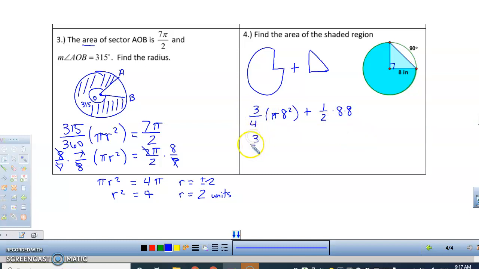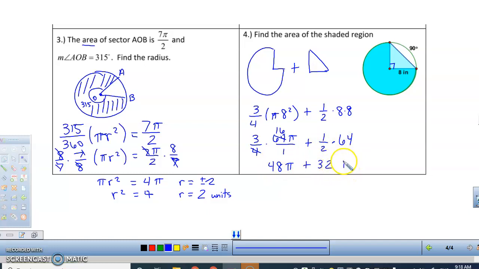So in this case, you have 64 pi over 1. Well, 4 will divide into 64, and that'll become 16. This is just some tricks that'll help you. And then 1/2 times 64. So now I have 3 times 16, which is 48 pi. And 1/2 of 64, which is 32.